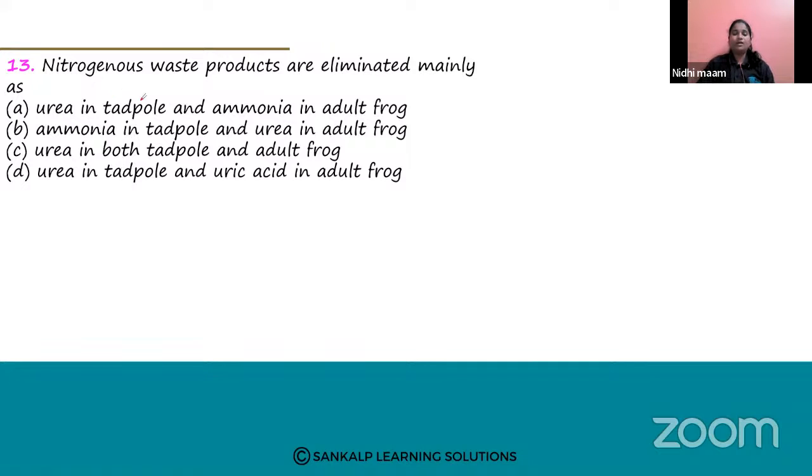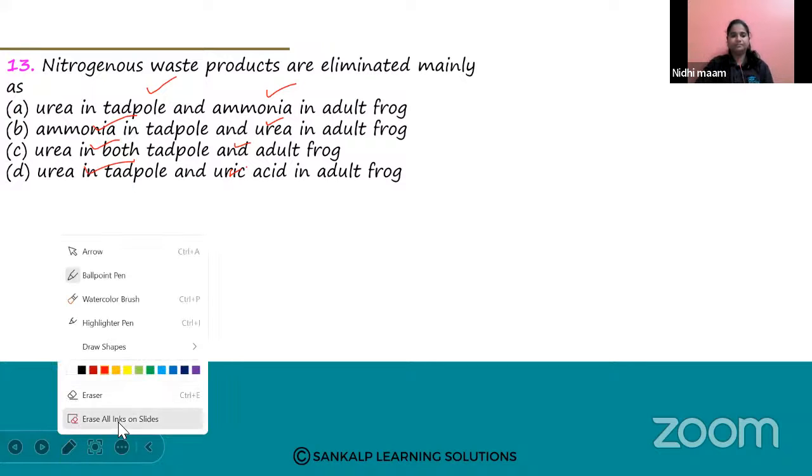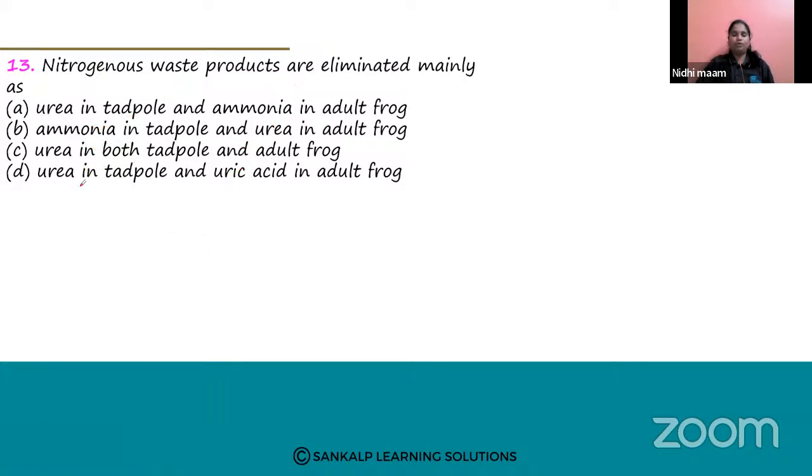Nitrogenous waste products are eliminated mainly as: urea in tadpole, ammonia in adult frog; ammonia in tadpole, urea in adult frog; urea in both tadpole and adult frog; urea in tadpole, and uric acid in adult frog. Remember, a tadpole is the larval form of a frog.